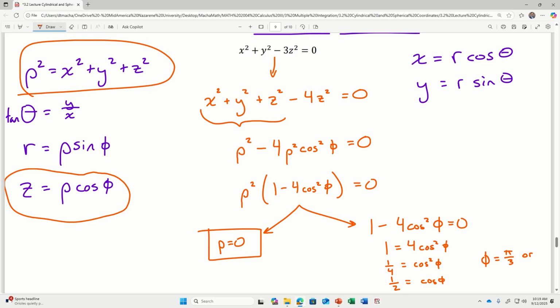But then also negative pi over 3, right? Do you also do plus or minus 1/2 because you took the square root? Oh, you're right. That's very good. And so that gives me 2 more options for phi, right?